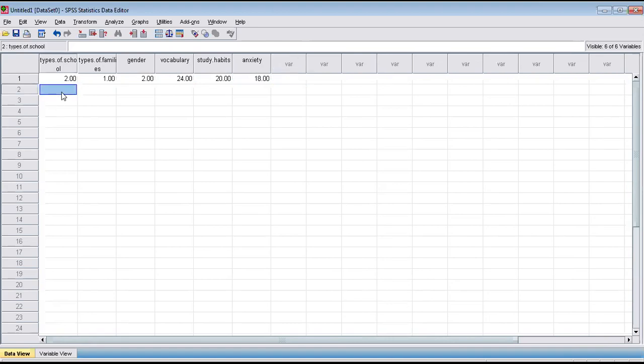So you can enter the data like this, or you enter first everybody's information about the types of school.